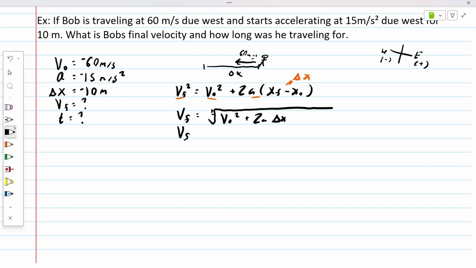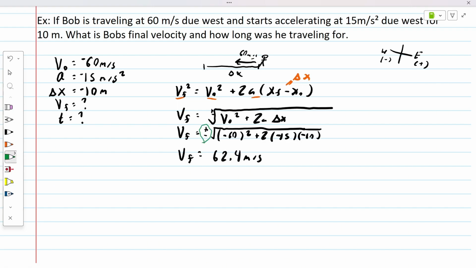So the velocity final is equal to plus or minus the square root of the initial velocity, which is negative 60 squared plus 2, the acceleration, which is negative 15, and the change in x, which is negative 10. And we go ahead and plug this in, and we will get a velocity final that is equal to 62.4 meters per second.